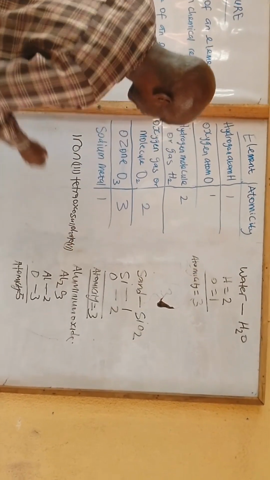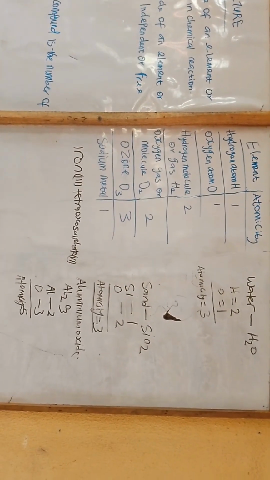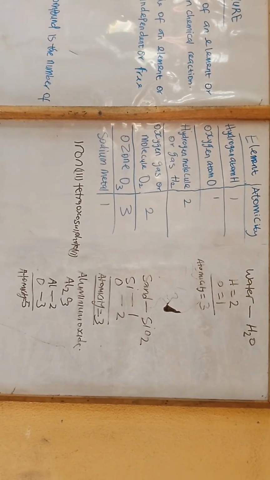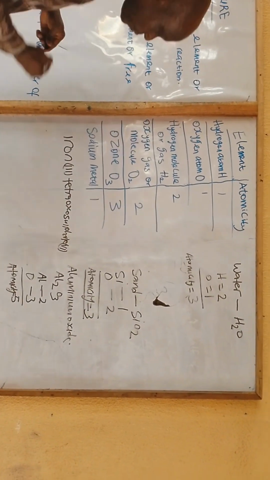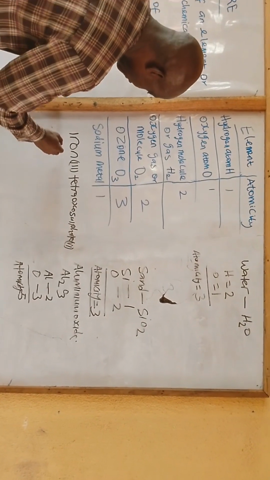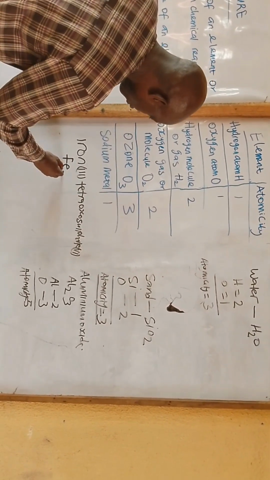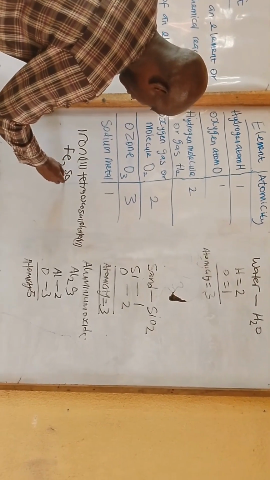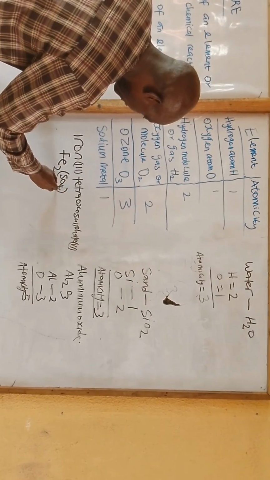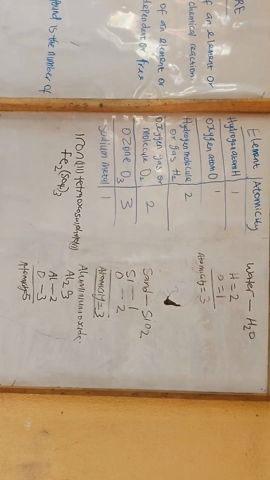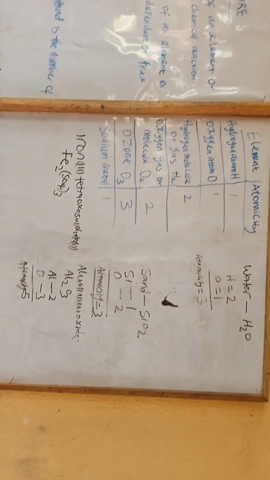If you have to find the atomicity of iron 3 tetraoxosulfate 6, you must first of all know the formula, Fe2(SO4)3.